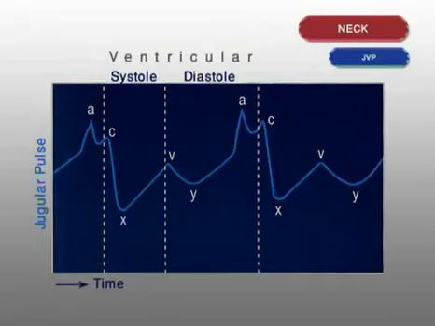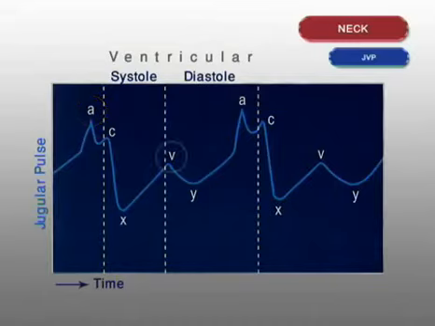The 2 positive pressure waves are A wave and V wave. A stands for the wave which is resulting from atrial contraction. By right atrial contraction, this will increase the pressure in the right atrium, and it will give us a positive wave in the jugular veins.